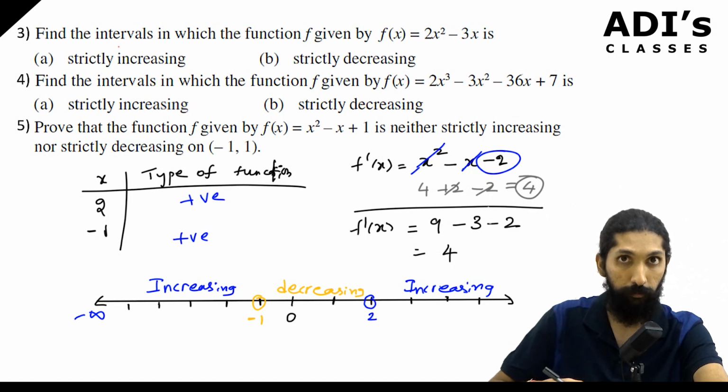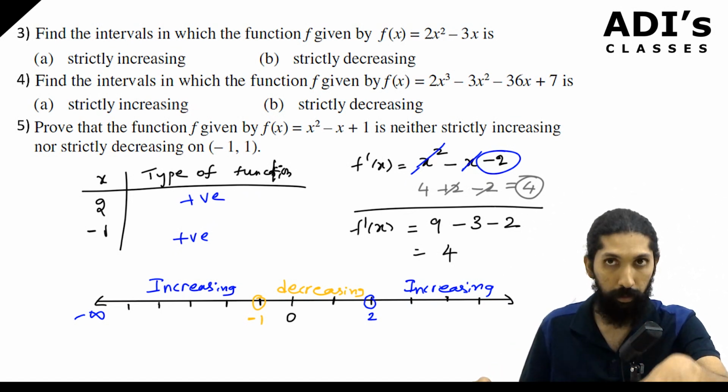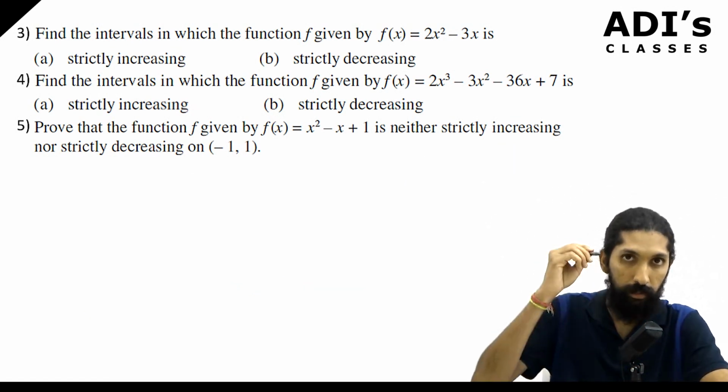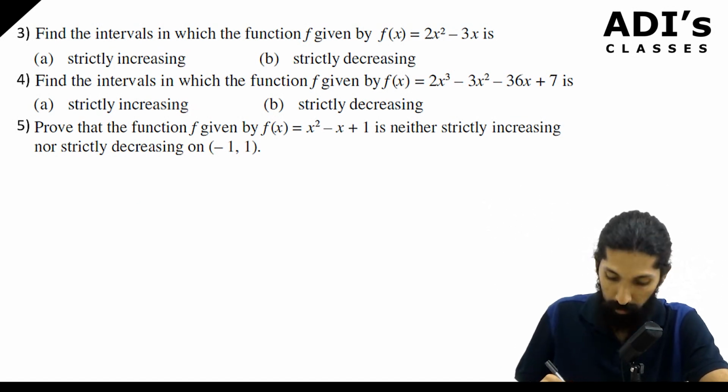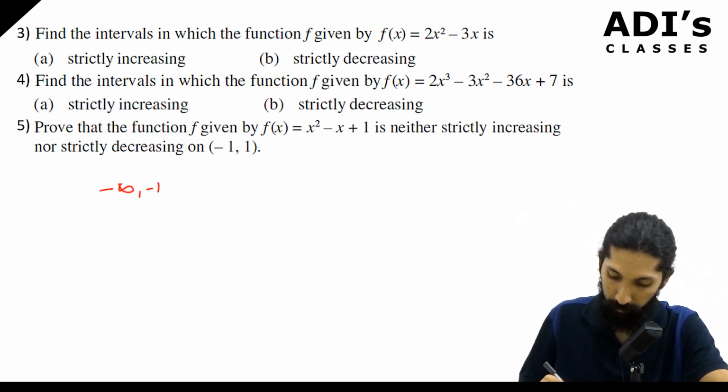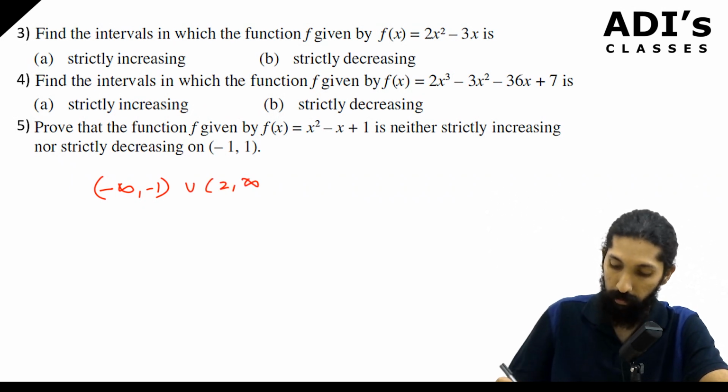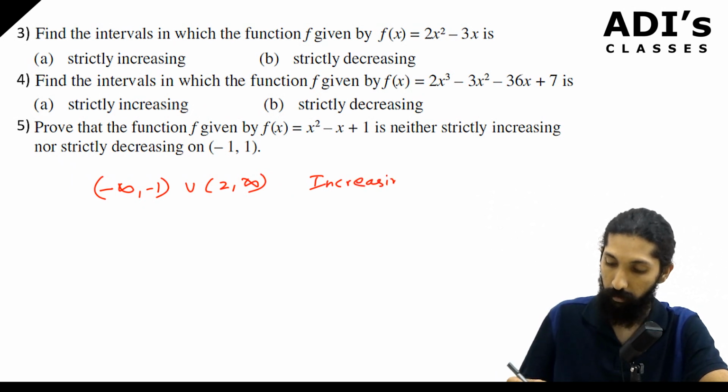Or if you take some value x3 here, whatever we are looking at is decreasing. Now you must have already thought about it. The next type of function is a strictly decreasing function. Alright, so we are going to understand what a strictly decreasing function is now.